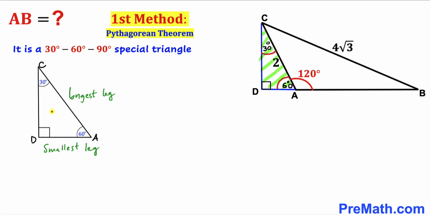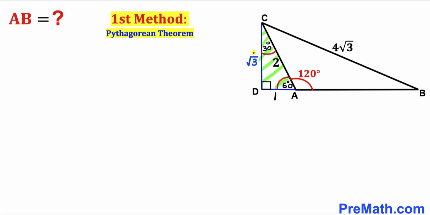In such a 30, 60, 90 triangle, the longest side is twice the smallest leg. If the smallest leg is 1 unit, then the longest is going to be 2 units. So this side AD turns out to be 1 unit. So the third leg of this special triangle is going to be square root of 3.